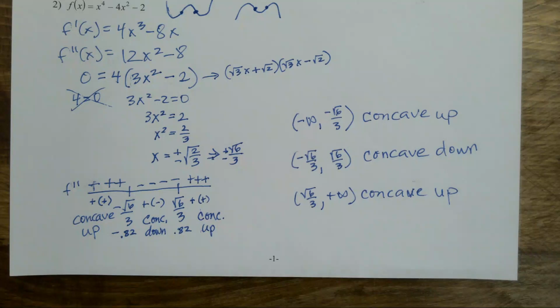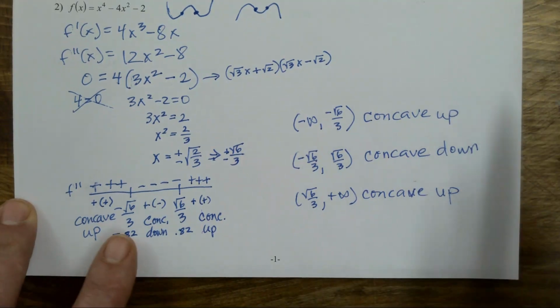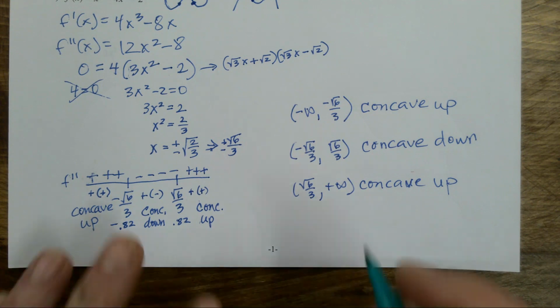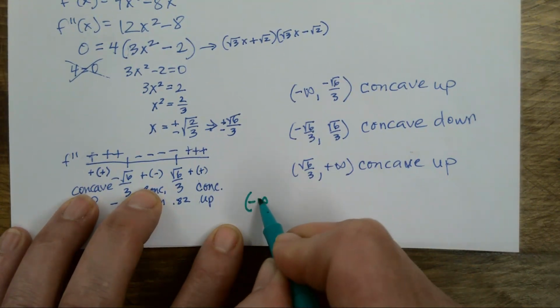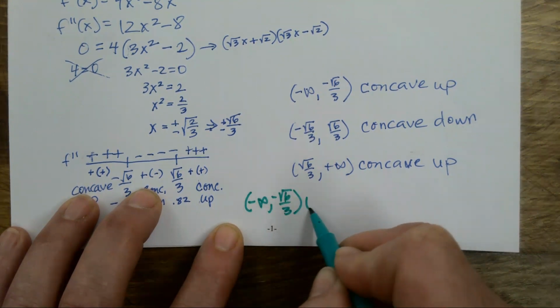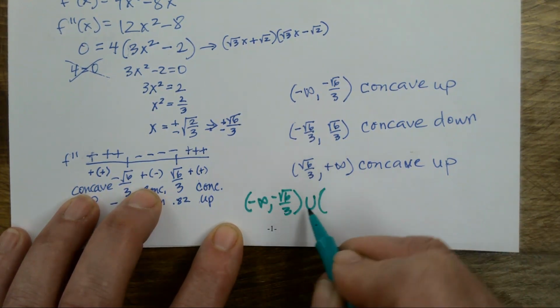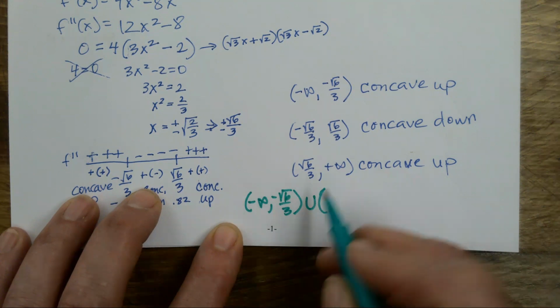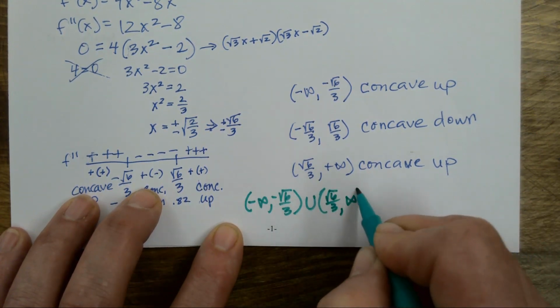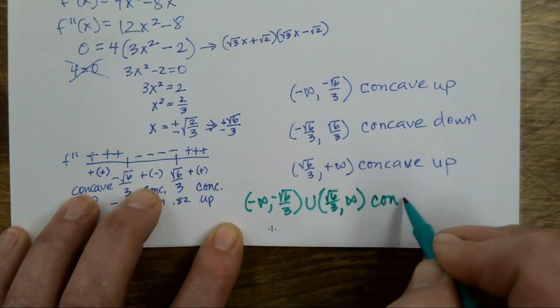Sometimes they'll write this double thing as, this is just another way to write it. I would say from negative infinity up until negative square root of 6 over 3, with, that's my little union, the square root of 6 over 3 up until infinity, it is concave up.